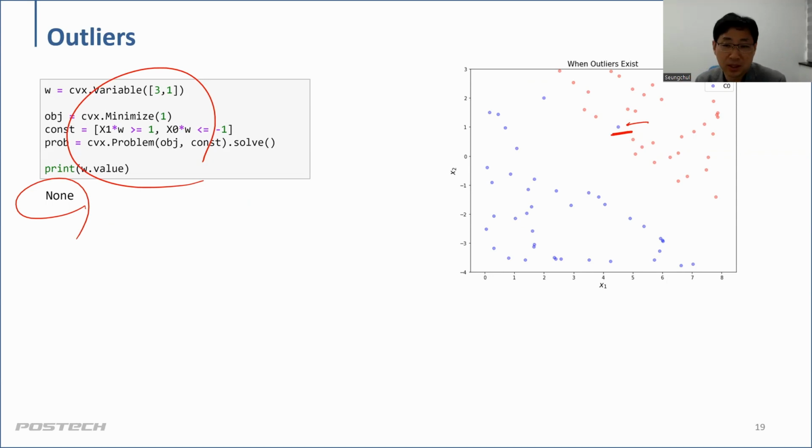For the computer, since these data points are not linearly separable, it is not able to find a solution. But if I ask you to draw a straight line for these data points, you would probably draw it like this. We might have some misclassified data points, but it's okay because it's just a few of them.